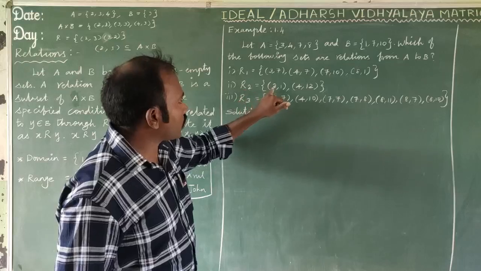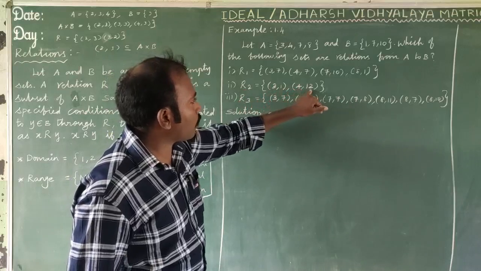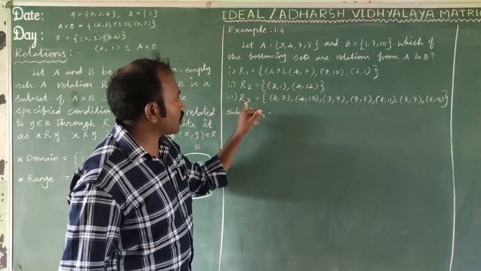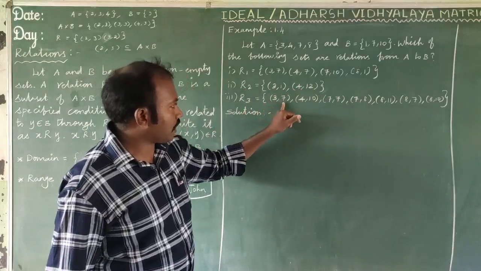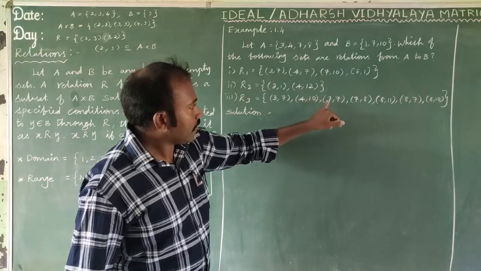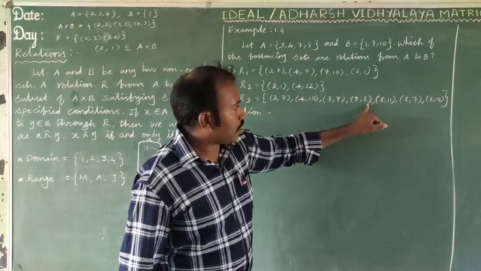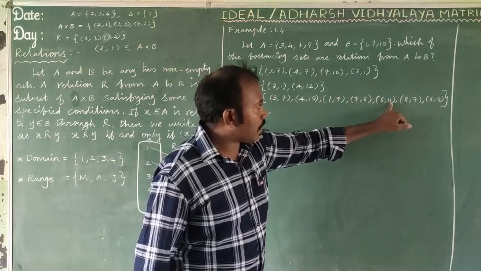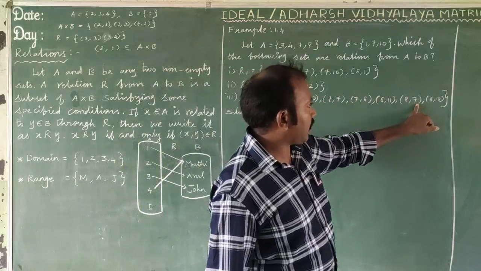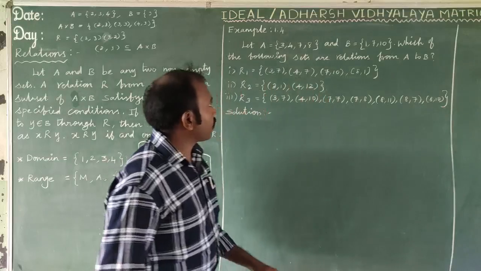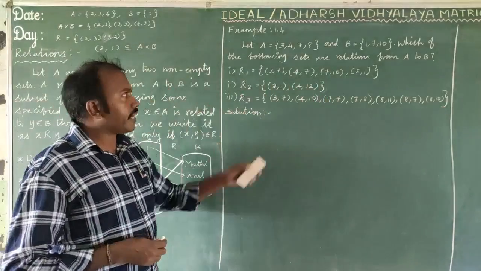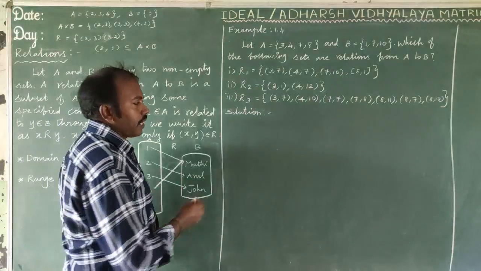Second, R2 is equal to {(3, 1), (4, 12)}. Third, R3 is equal to {(3, 7), (4, 10), (7, 7), (7, 8), (8, 11), (8, 7), (8, 10)}. First we are finding A cross B, that is the Cartesian product.